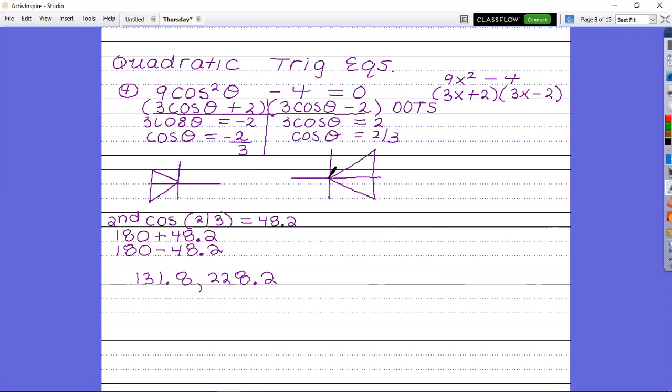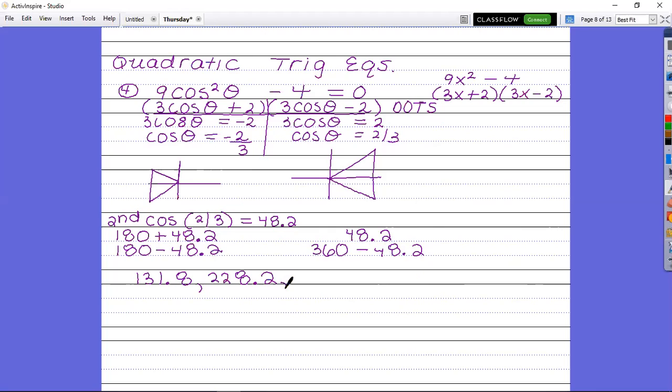I do second cos of the same exact thing. So you don't have to write it twice if you don't want to. And then my last answers would be 48.2, because first quadrant, you don't do anything in there. So there's one answer. And then I'm going to do 360 minus that. Okay, so I'm going to add to my list at the bottom here.